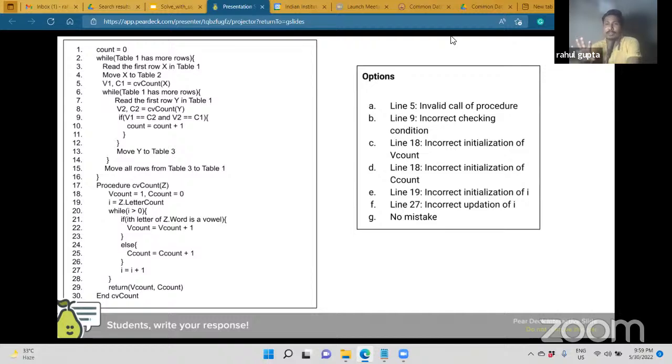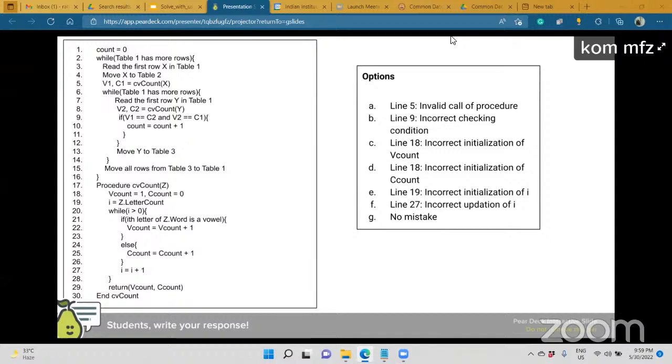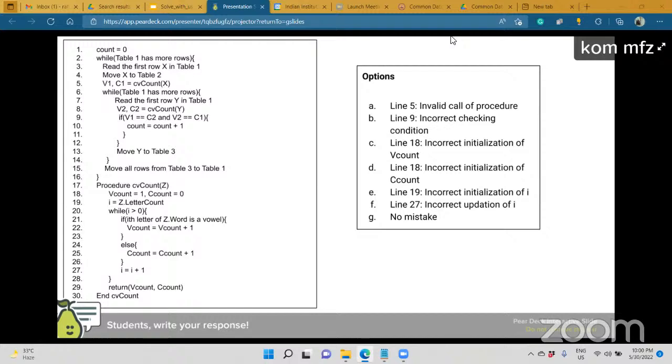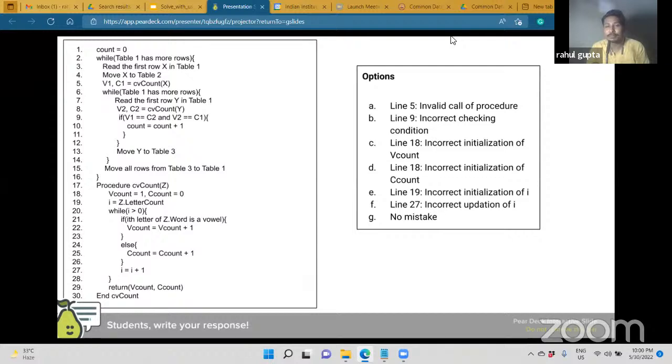In the word Poonam, how many vowels are there? Three vowels are there in Poonam.